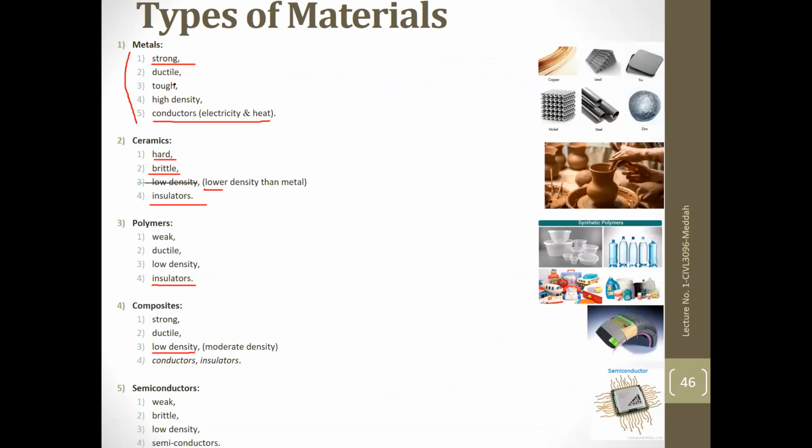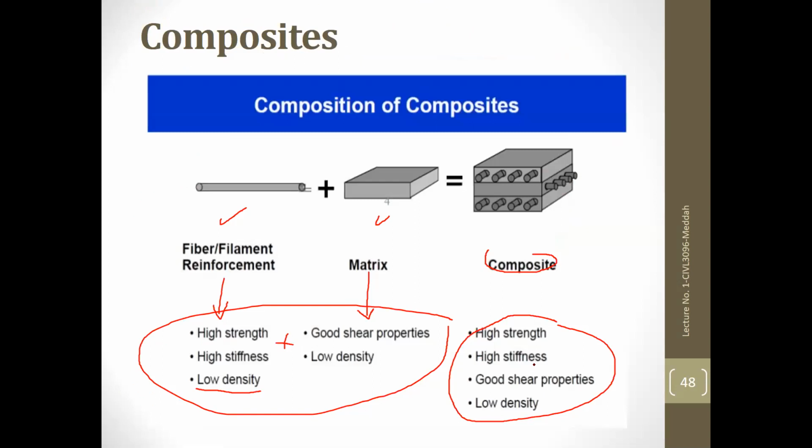So in that case, you are combining these properties with these properties, or these properties with this. So it depends on what you are combining with what to get what. And of course, the purpose of making a composite is to enhance the properties and to get better properties of the materials, to get a set of properties that could fit with your application.